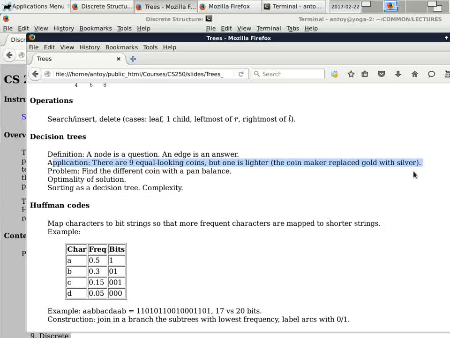So, when do we say that an average is optimal? When you cannot do any better, right? So can we argue that you cannot do any better? If we have 3 possible options, how many leaves do we have? 3, right? How many leaves do I have in this tree? 9, one for each coin, because maybe coin number 1 is lighter, or coin number 2, or coin number 3.